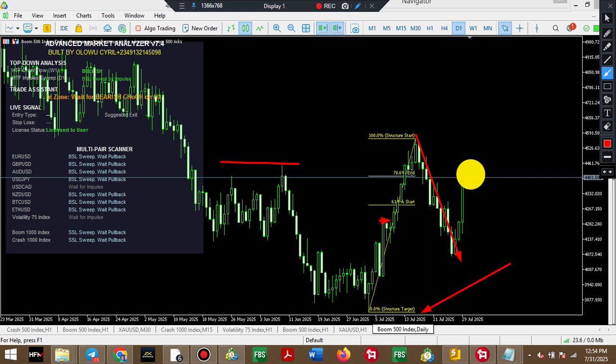If it has the ambition or mission to continue down, price may still come all the way to this target, which is this extreme end, to take out this external liquidity resting here. Because after an external liquidity, the next thing is internal liquidity. So this move was for internal liquidity. If price has the mission to go down, it might come down for this external liquidity resting here, then break below before it reshapes and gives us another opportunity.